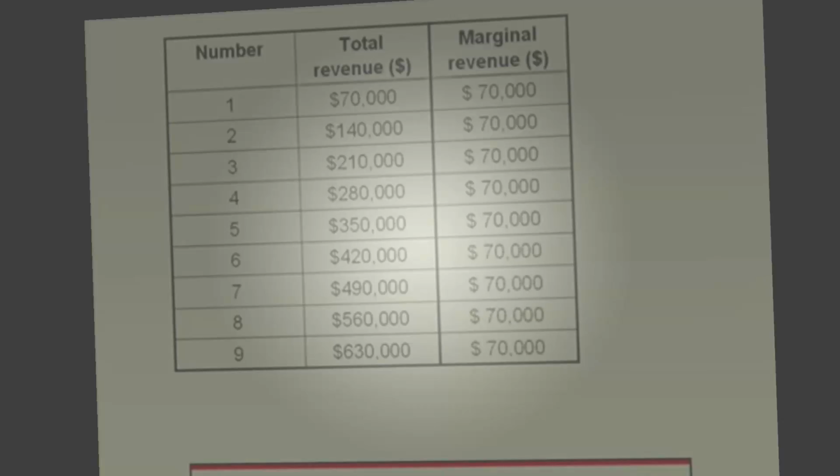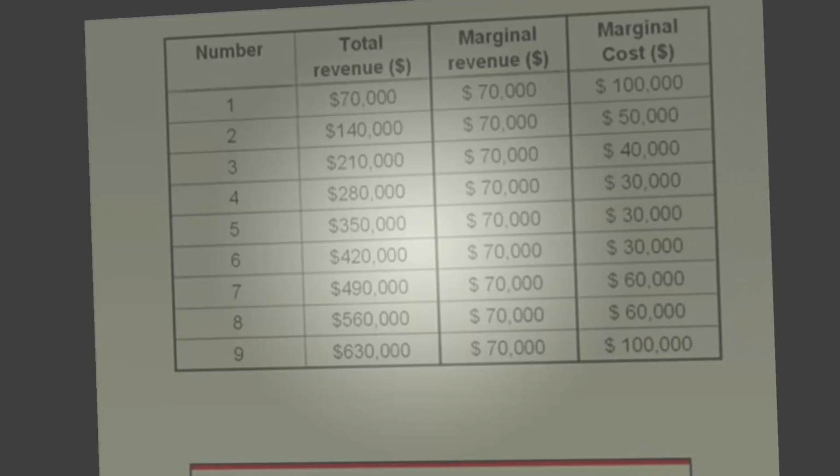Now, let's bring in marginal cost. We already did that. Take a few minutes and tell me at what number the company would maximize profit. What's the optimal output?